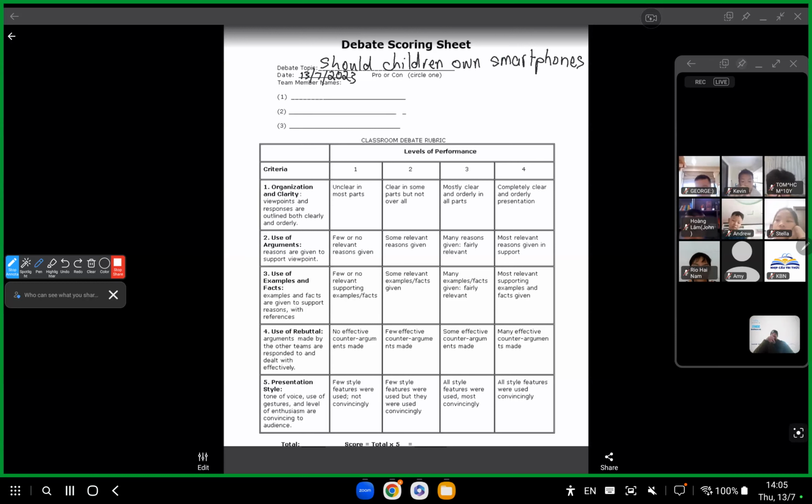2023. So the judges would each have 2 of these forms, one for the proposition team and one for the opposition team. And they would mark each team on one sheet, and they would then use that to score the whole team.